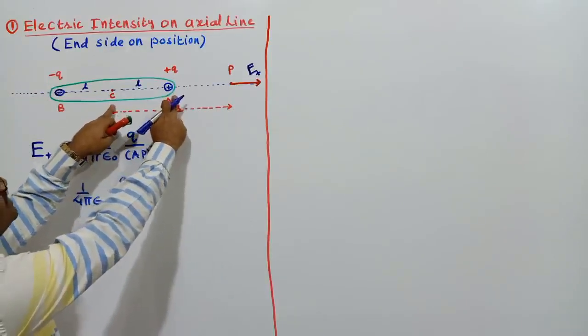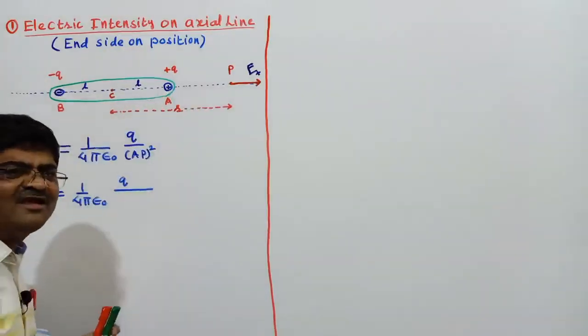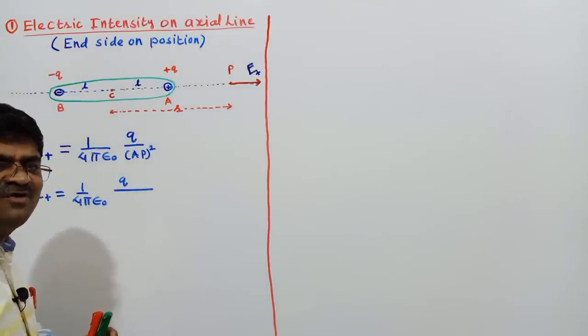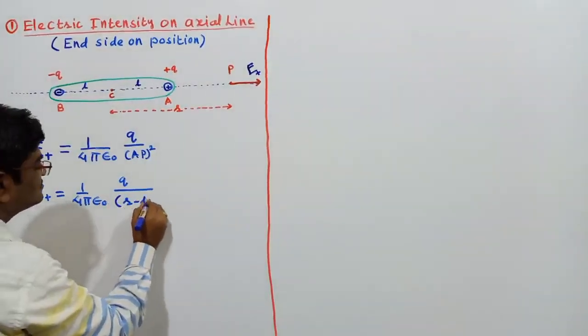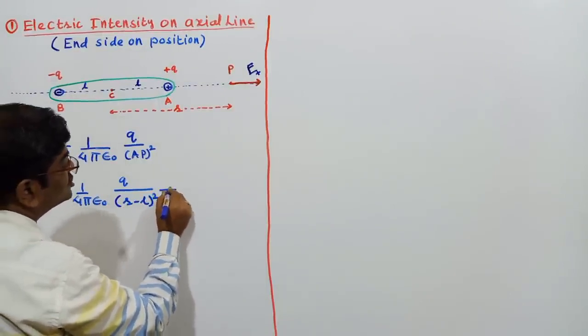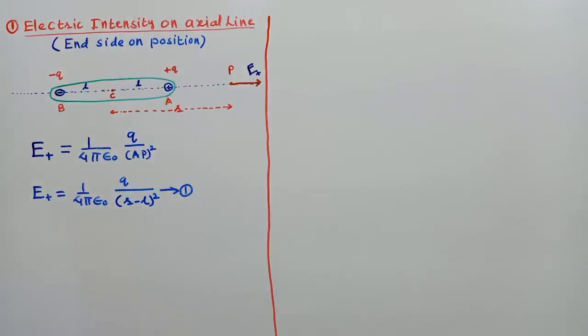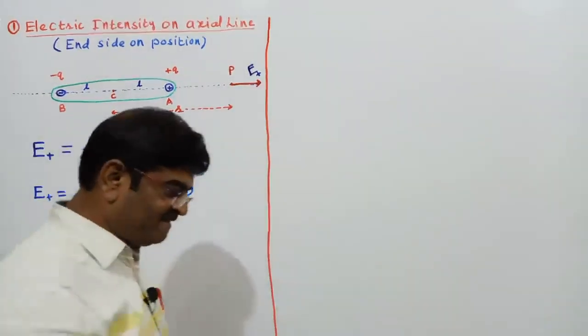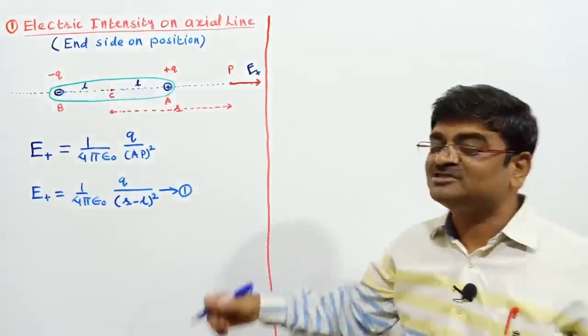How much is that? L. R, L. Left out you can get. And how much is left out? R minus L, whole square. This is my equation number 1. So I am done with electric intensity at P contributed by the positive charge of the dipole.